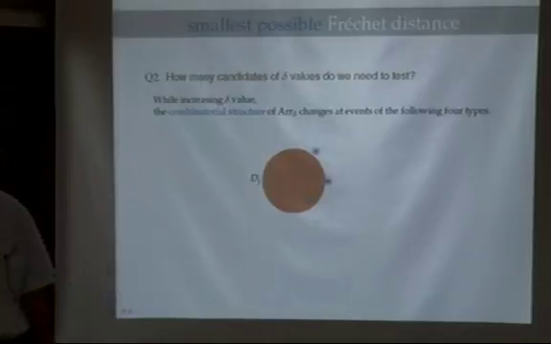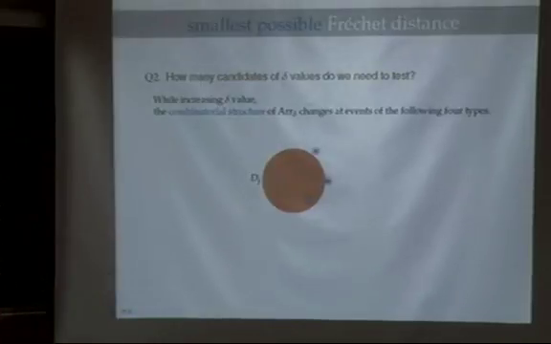So how many delta values do you have? Roughly cubic, right? So there is a finite number of delta values. We can compute all delta values first, in roughly n cubic time.